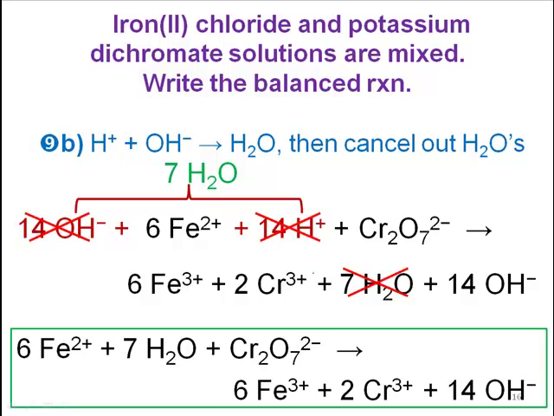So your final answer would look like this: 6 moles of iron 2 plus, 7 moles of water, yielding 1 mole of dichromate, producing 6 moles of the iron 3 plus, and 2 moles of the chromium 3 plus, and 14 hydroxide ions in a basic solution.